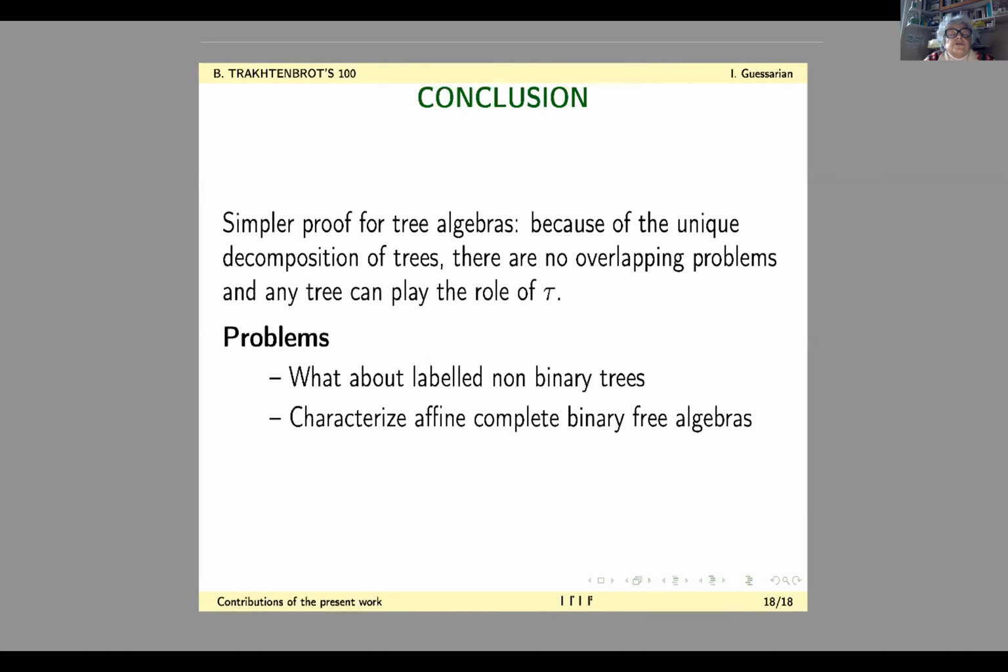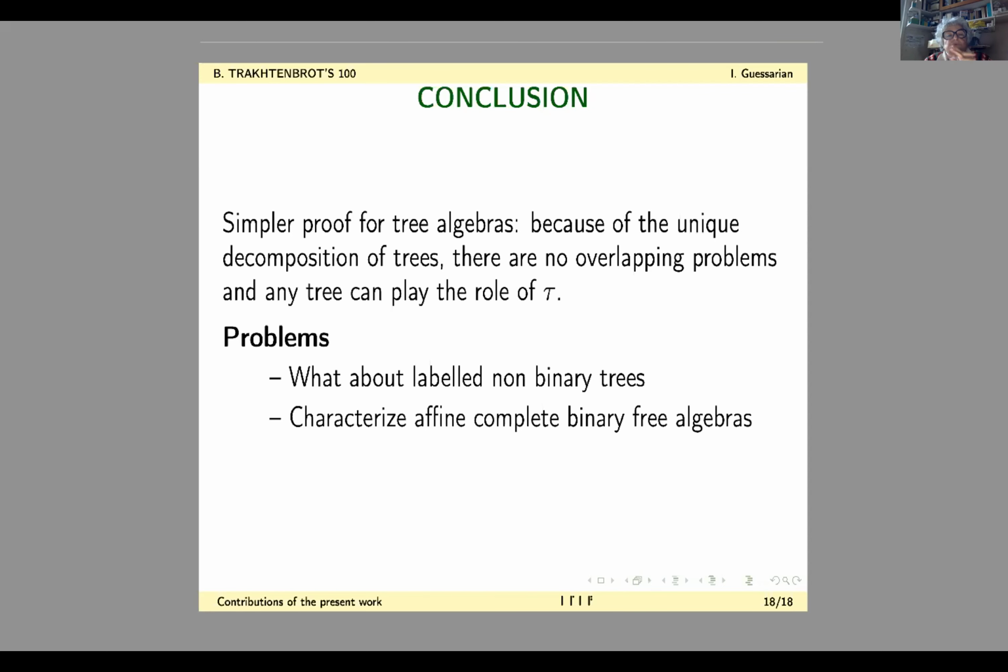To conclude, just a word about tree algebras. Let me say that the free monoid is an associative but non-commutative algebra, so we have the whole picture for the free monoid. If it has 1 generator, it's not affine complete. And if it has 2 or more generators, it is affine complete, and it is an associative non-commutative affine complete algebra.